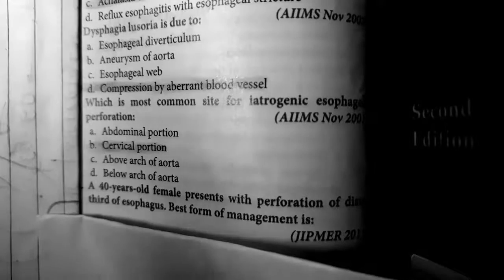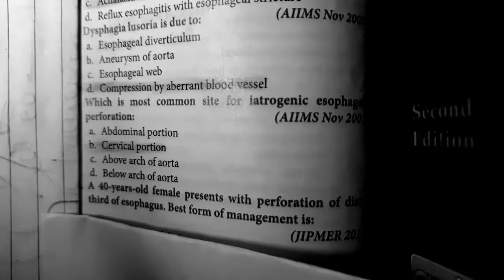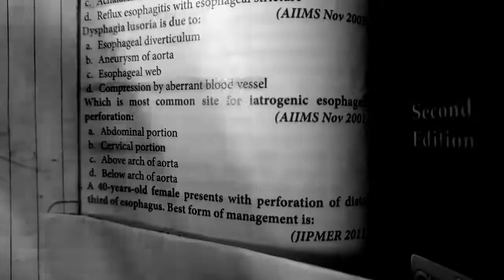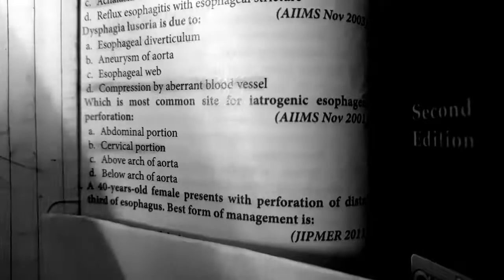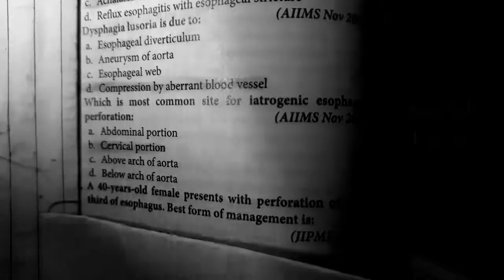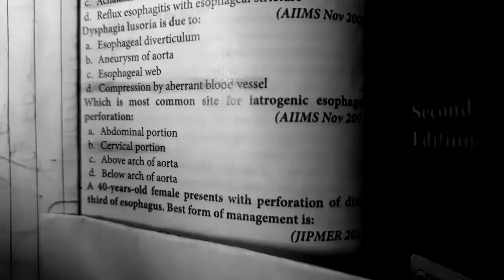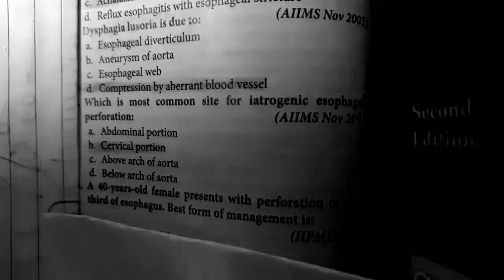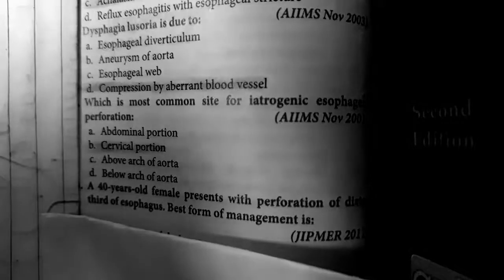Here it is not due to an iatrogenic cause. Perforation can lead to contamination of the mediastinum because the contents of the esophagus empty into the mediastinum. So the best management of this case is diversion and drainage procedures.